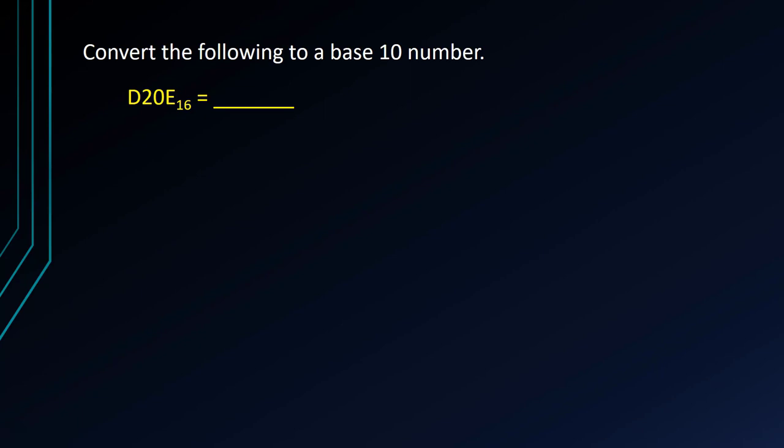Next, D20E base 16. Again, with base 16, I have A representing the value of 10 and so forth. So this is my ones position, this is my 16s position, this is my 16 squareds position, this is my 16 cubed position.